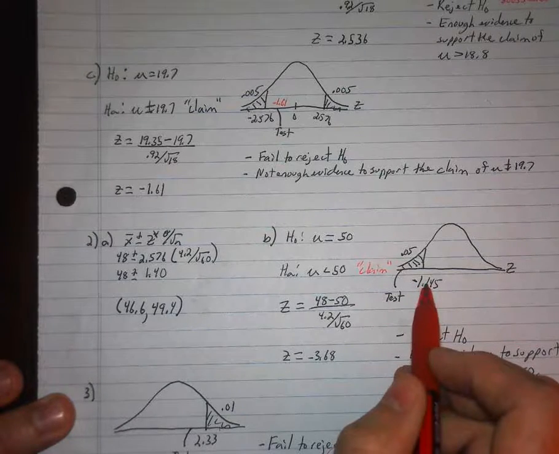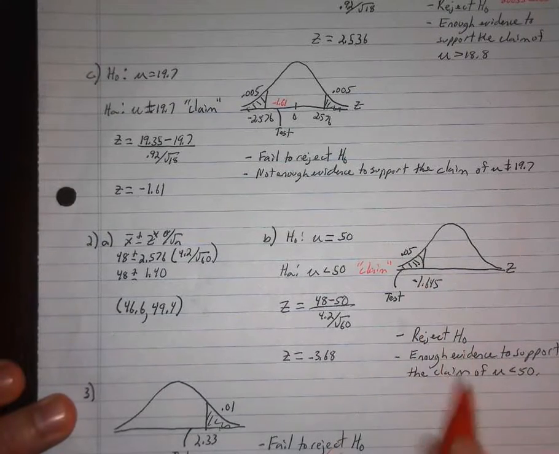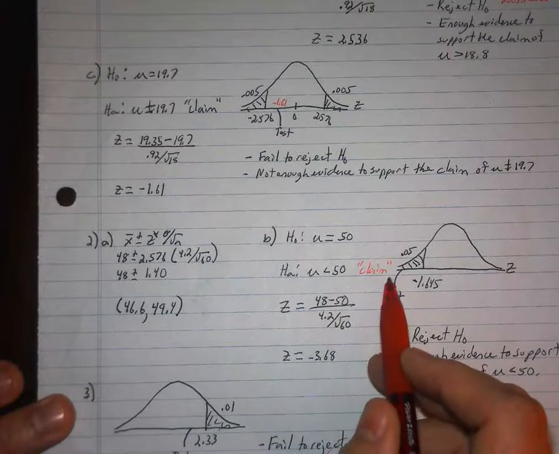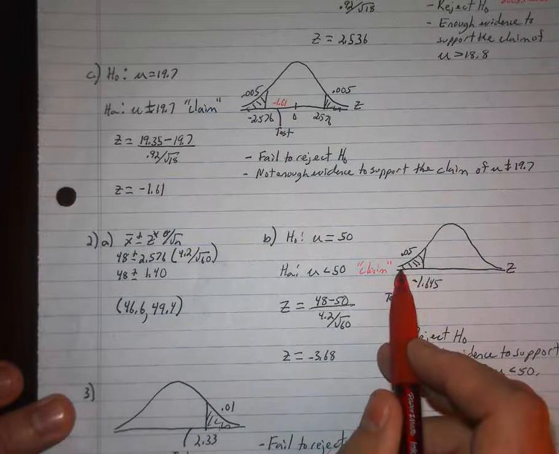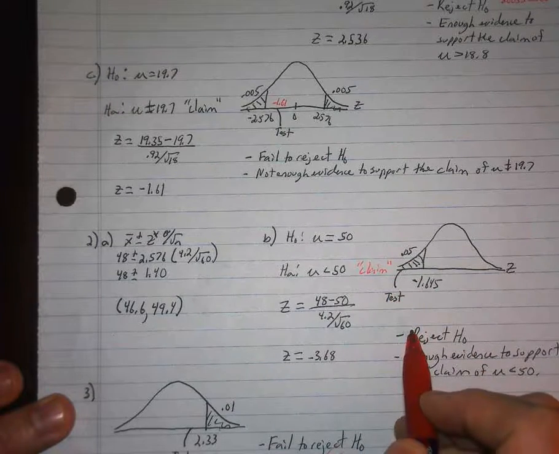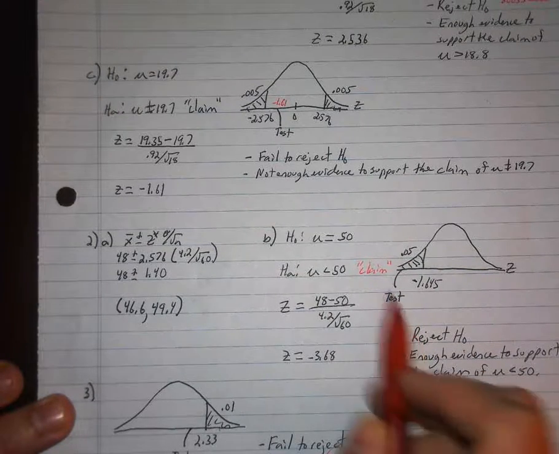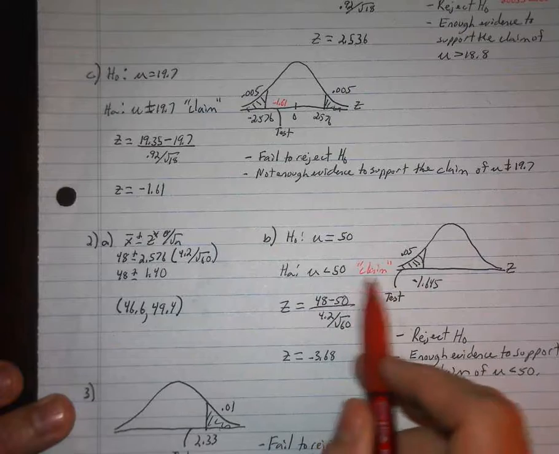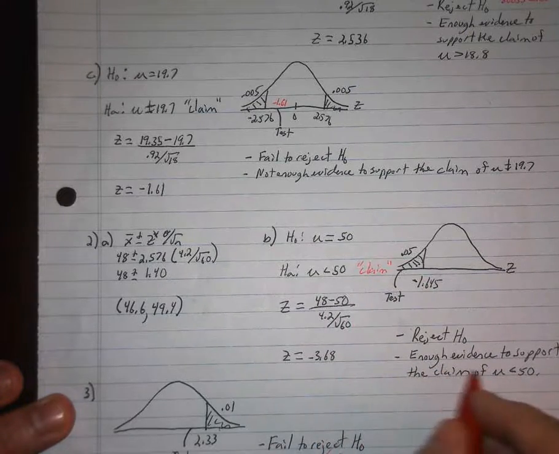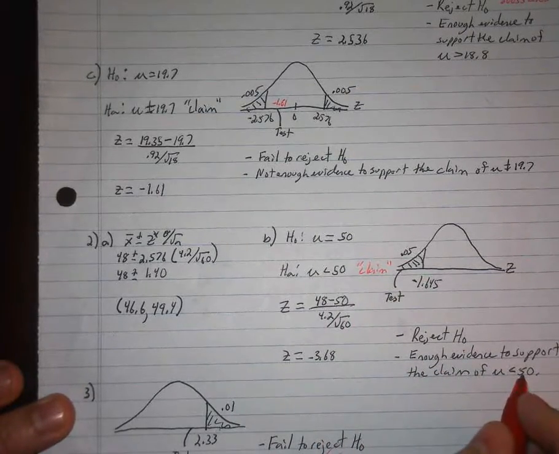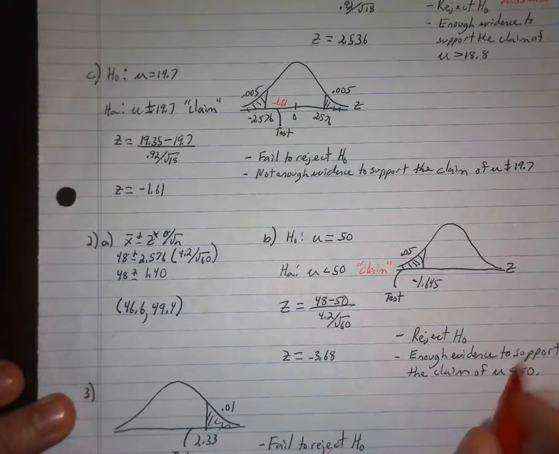If you don't know where those values are coming from, go back and watch my videos for that module. In this case, your test statistic is more extreme than we were willing to go, so we reject H0. That means we have enough evidence to support the claim that the mean number of points is less than 50 points per game in women's high school basketball.